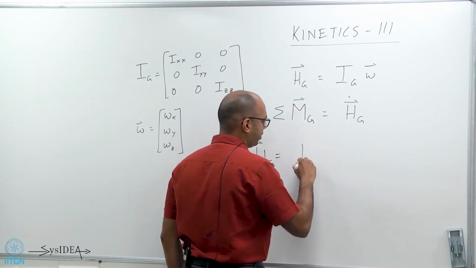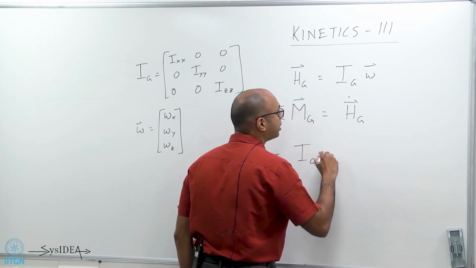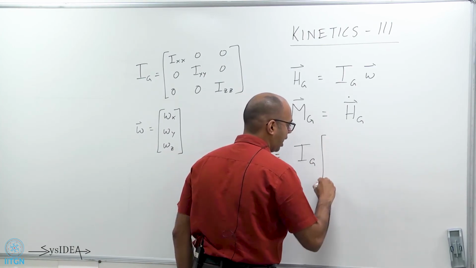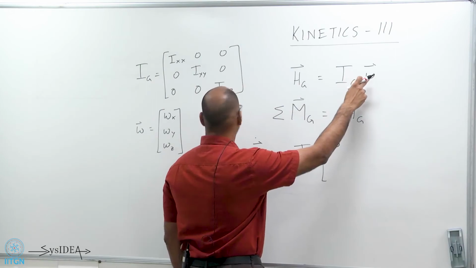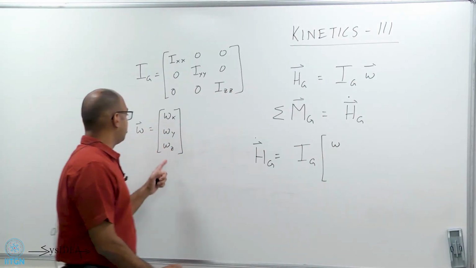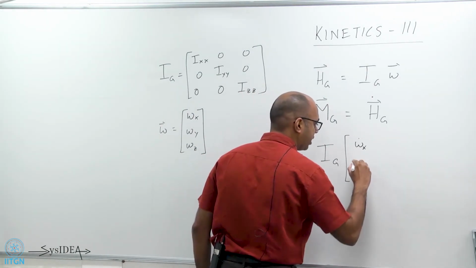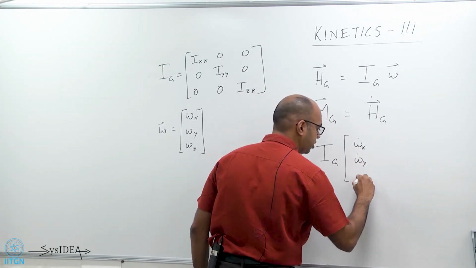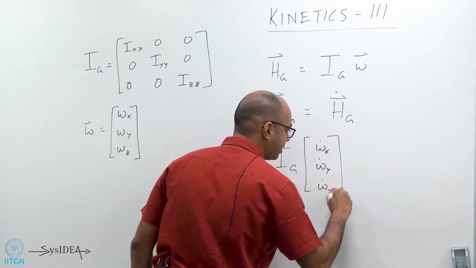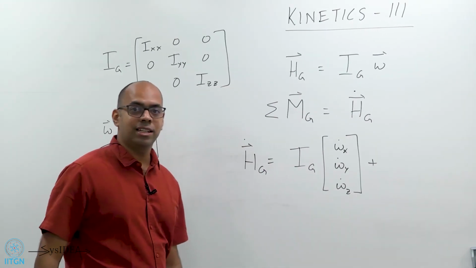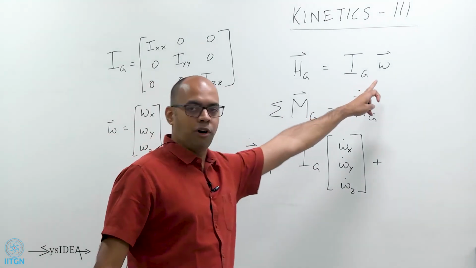And its derivative we can think of as having 2 terms. The first term is due to the change in magnitude of this vector. So let me write it as omega x dot, omega y dot, omega z dot. And the second term is due to the change in direction of omega.